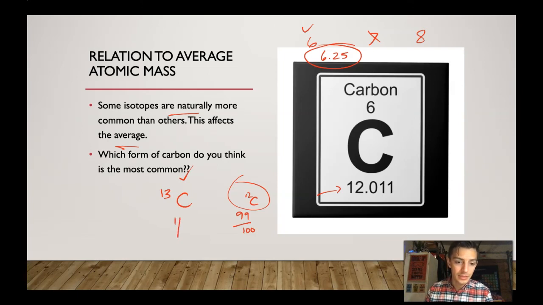And so it will happen, but it's 1 in every 100 or so carbon atoms that you find. And so because of that, it draws that average value up just a little bit from 12. Because 12 is about the right number, but it's a little higher than that because carbon-13 weighs a little more. So it's going to draw the average up.